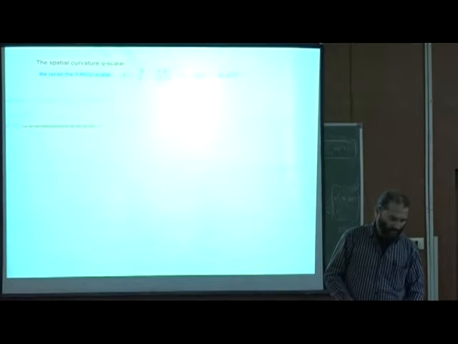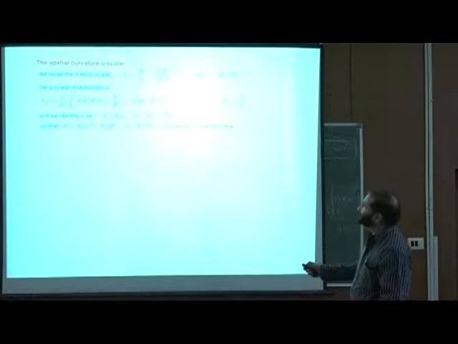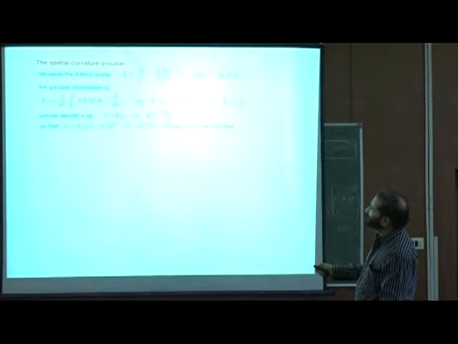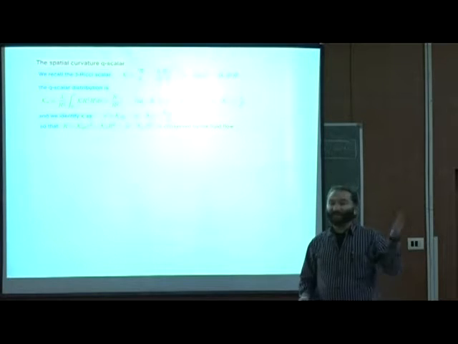Now, the next step is, let's compute the quasi-scalar distribution. KQ will be this, so I'm just following the formula. If you substitute this, you get this. So you get this. Very simple.